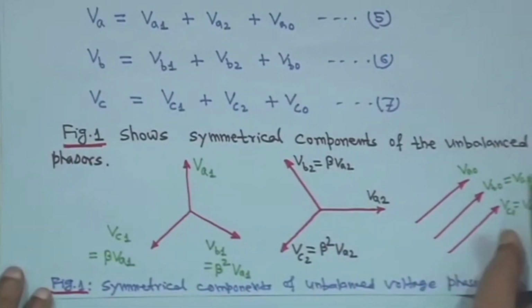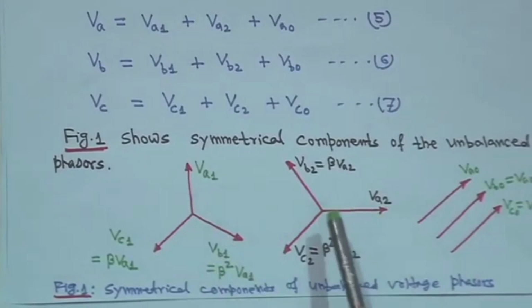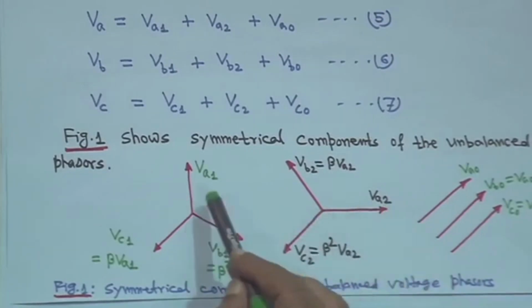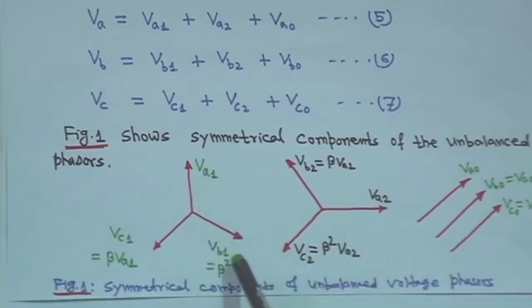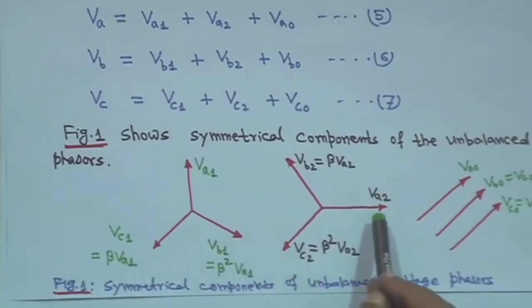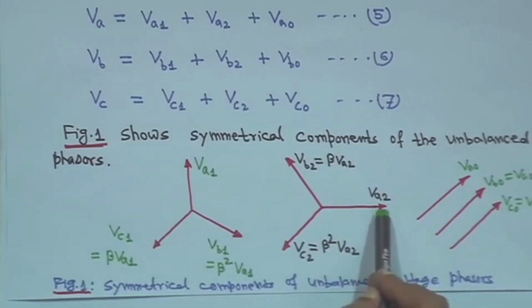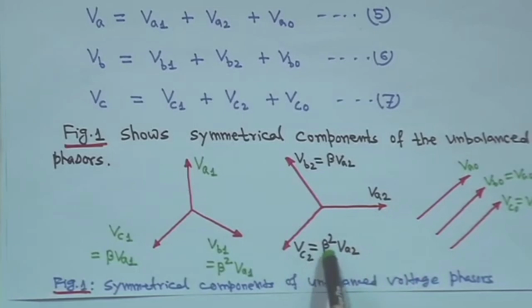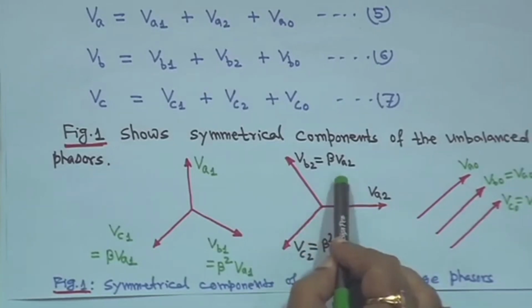Now, these are the positive, negative and zero sequence components. Here I have made this Va1. So, Vb1 is equal to beta square Va1 and Vc1 is equal to beta Va1. This is the negative sequence: Va2 is the reference, Vc2 is equal to beta square Va2 and Vb2 is equal to beta Va2.